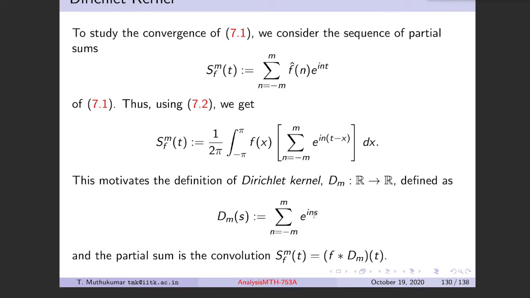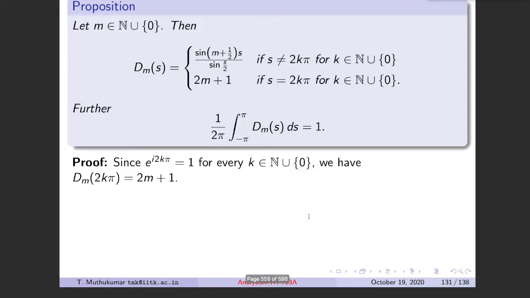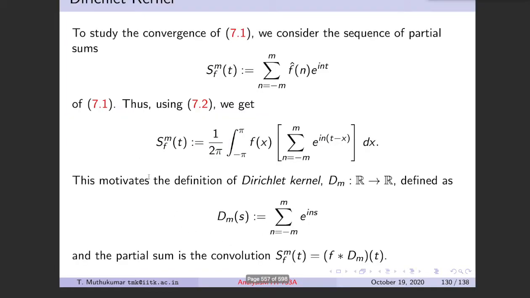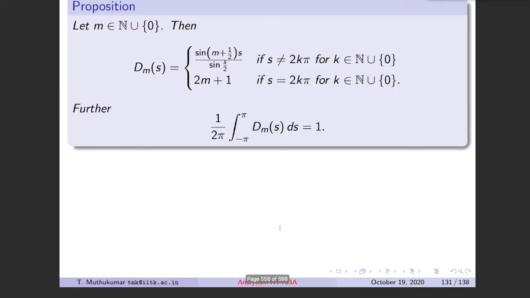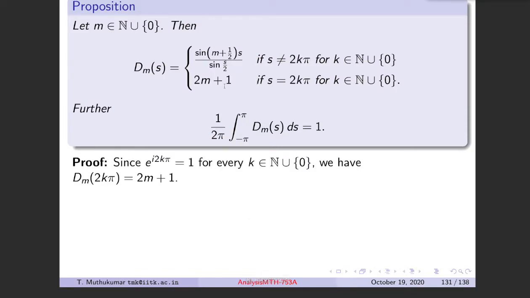You use 2k pi here, so it's e^{i2nk pi}, and that we know is 1. So if you sum them, you get 2m plus 1, because you have that many terms, from minus m to m, including the 0 term. So we have verified this case.